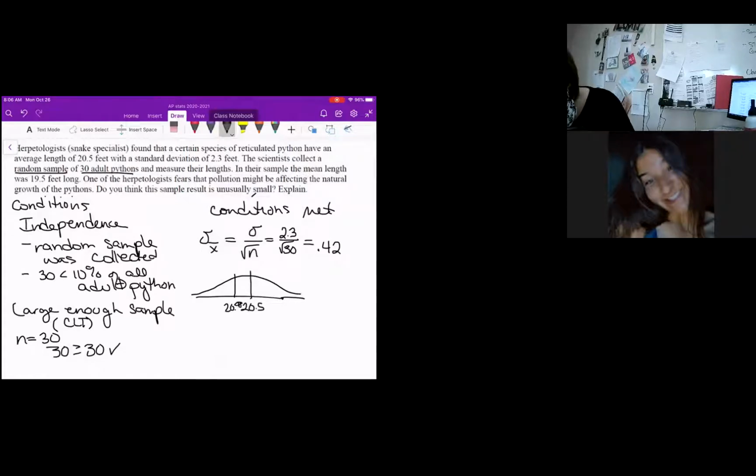If I go another standard deviation, I'm at 19.6 something. I haven't even hit my mean of my sample. I'm more than 2 standard deviations away. So we could say, since it is more than 2 standard deviations away, that is a relatively small sample mean.